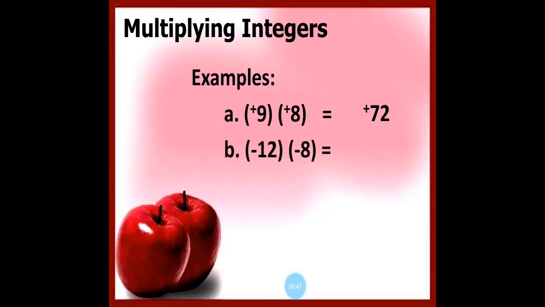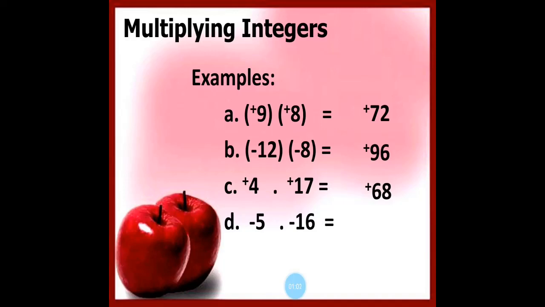Negative 12 times negative 8 is equal to positive 96. Positive 4 times positive 17 is equal to positive 68. Letter D, negative 5 times negative 16 is equal to positive 80.